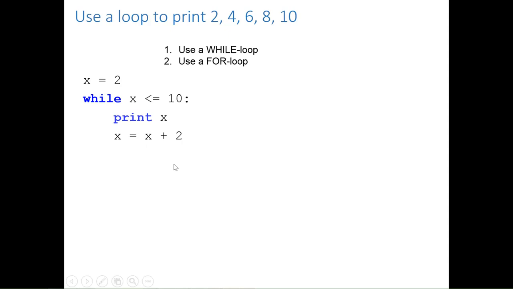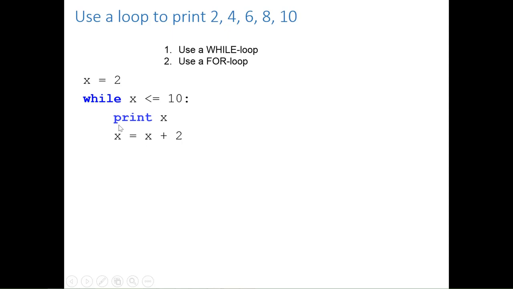How would you create an infinite loop? Well, simply take out this last statement, and then x would be stuck at 2 forever, printing 2, 2, 2, 2. How would you never go into this loop? Well, you could create a condition that is never satisfied. Say, for example, if you had this sign going the other direction, while x is greater than or equal to 10.